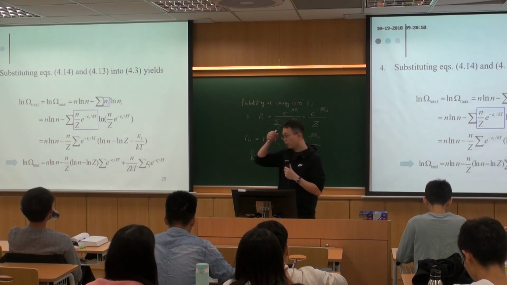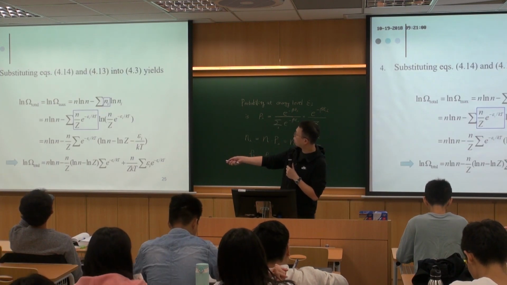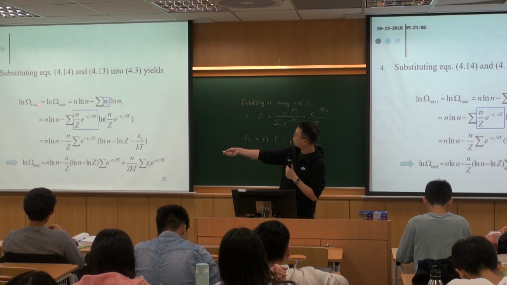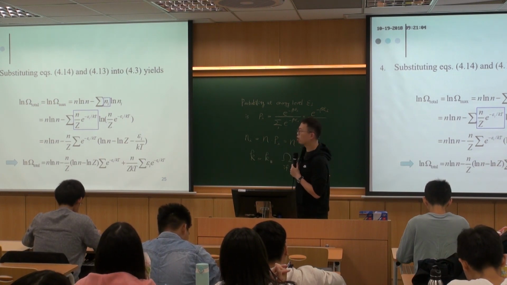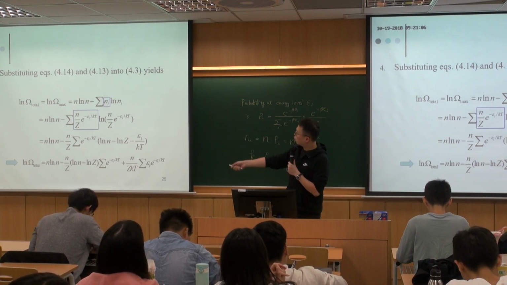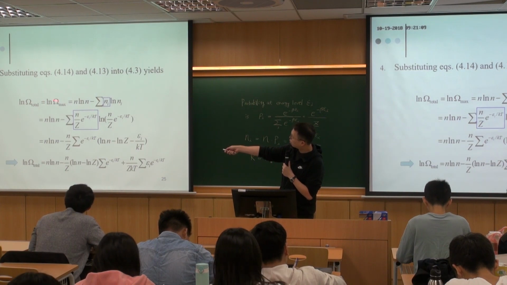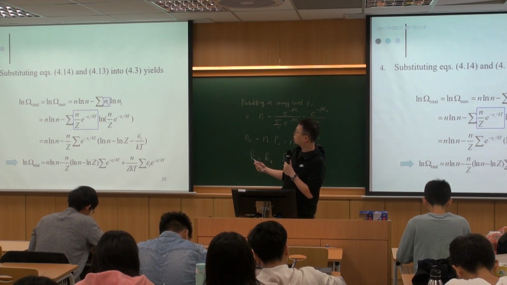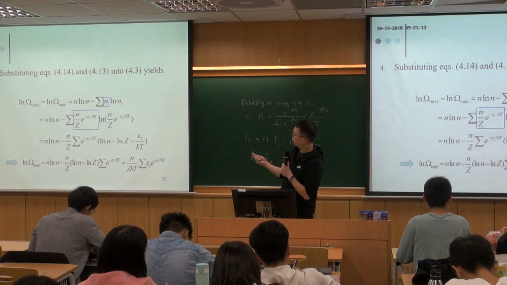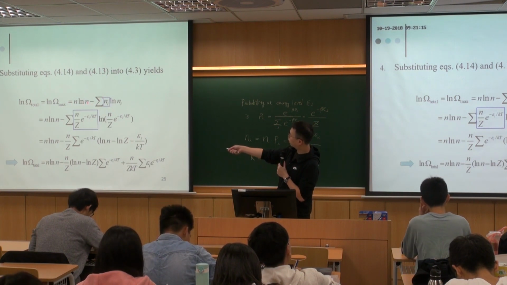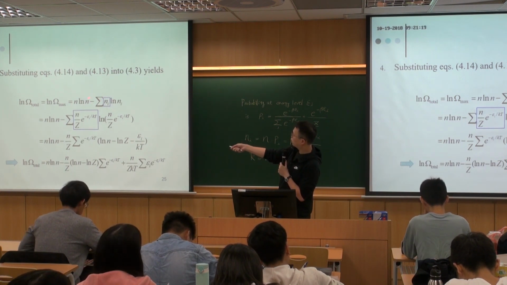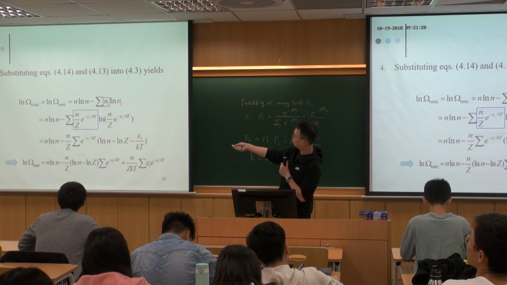So what we're doing here for the first part, the reason why we can use the equal sign is because of this argument. And we already know the expression for log omega max. That's what we derived earlier, last week. It's n log n minus the sum over all the possibilities of ni log ni.